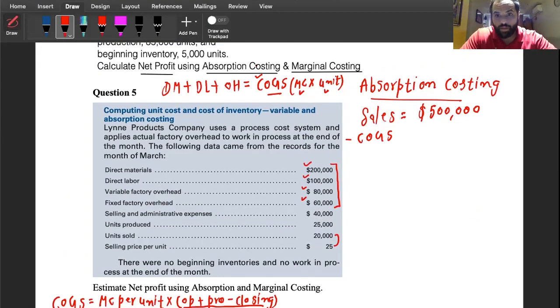We have all information here, so your cost of goods sold will be 200 plus 100 plus 80 plus 60. Did you understand that? Okay, so tell me how much is your cost of goods sold? Yes, 440.